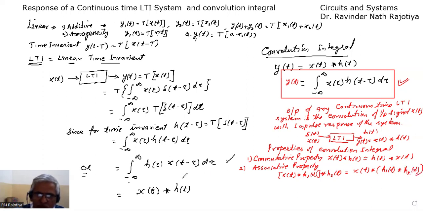The third property is the distributive property. We know what the distributive property is.